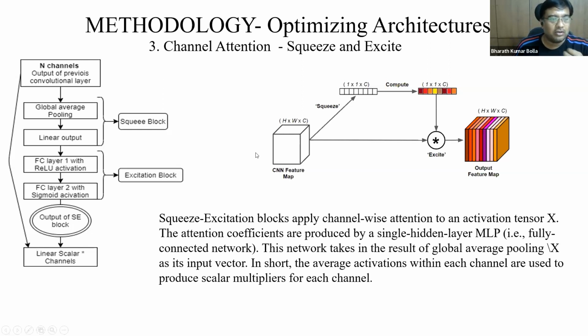Wherever you are squeezing to a one-dimensional vector, you are then exciting and multiplying that with the corresponding feature maps again, so that important feature maps get excited and unimportant feature maps get suppressed. So this is one important thing you can add as part of your network, which will definitely improve your model architecture.